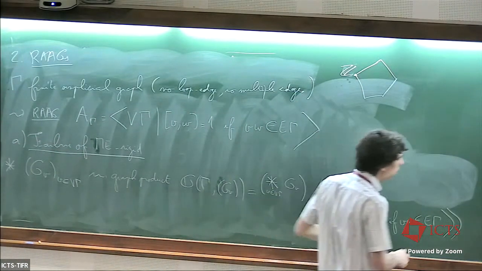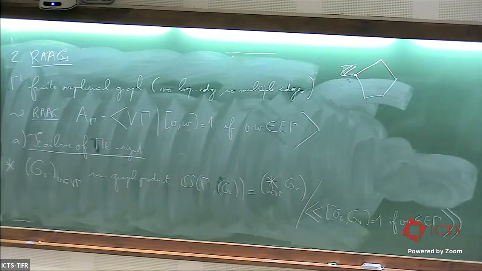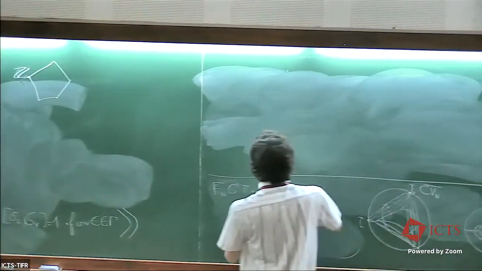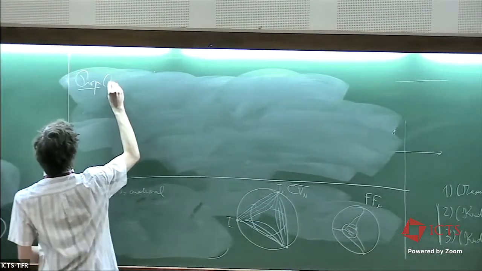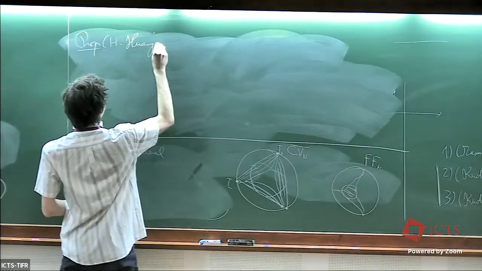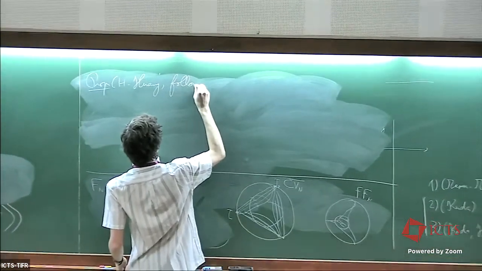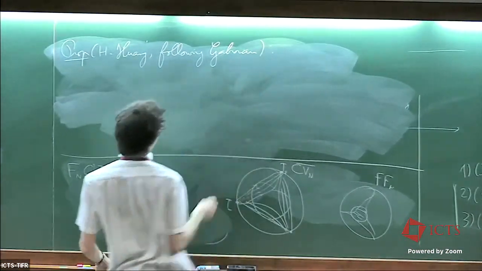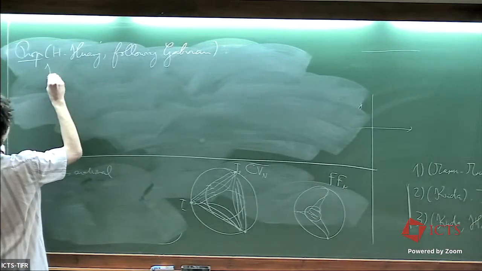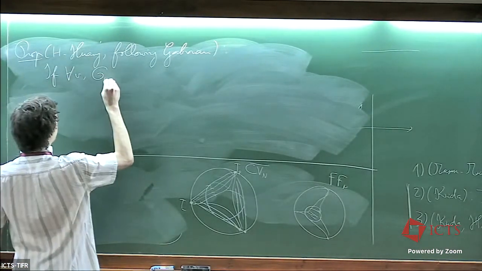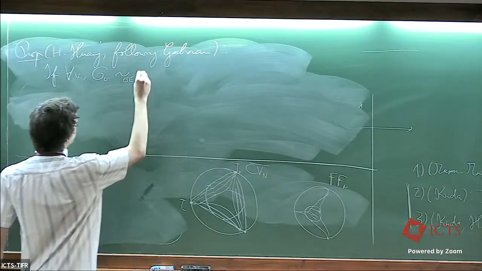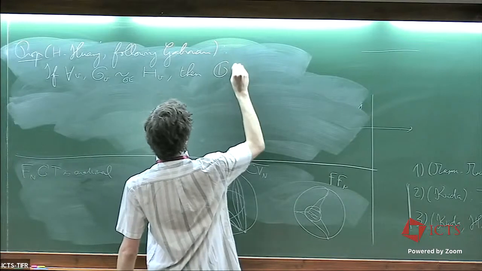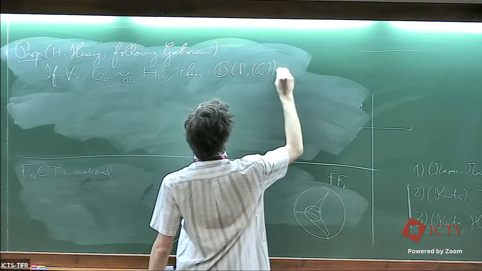Okay, and generalizing Gaboriau's statement about free products, with Jingyin Huang, following Gaboriau, we prove that if you have two graph products over the same graph, and if for every vertex GV is orbit equivalent to HV, then the graph products are orbit equivalent.